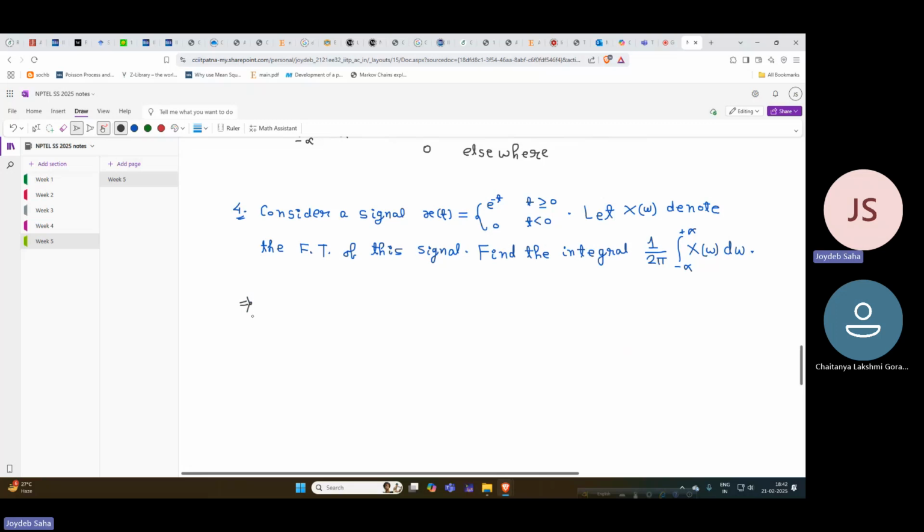Let us use the definition of inverse Fourier transform.